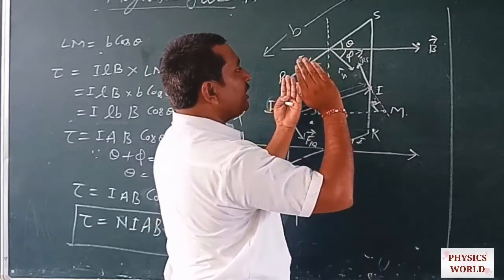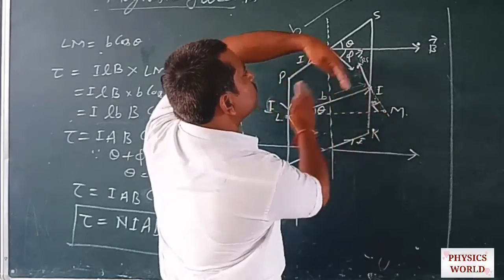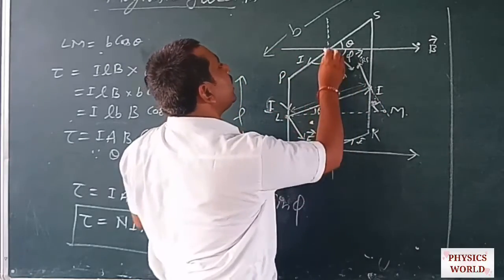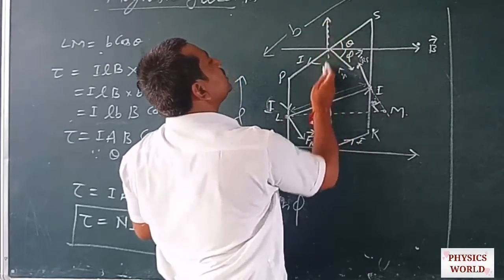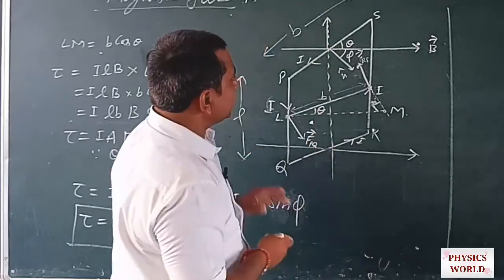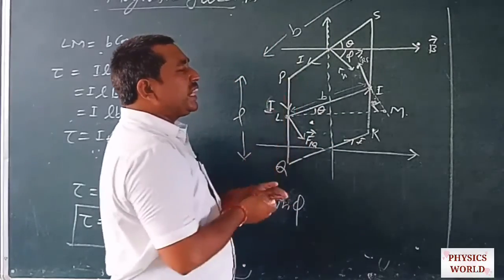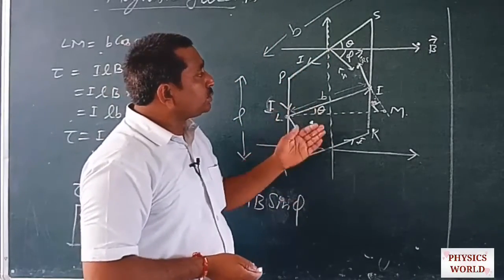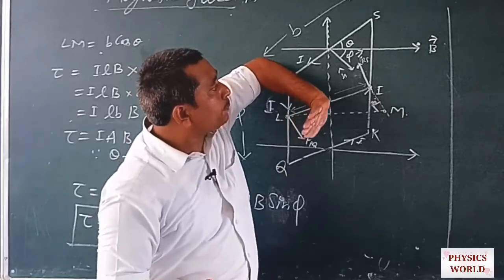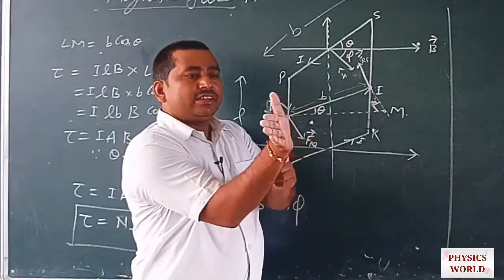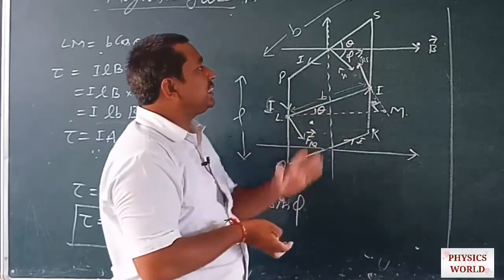Since the coil is rotating anti-clockwise, the torque experienced by this coil will act along the axis in upward direction. This is obtained when we take the cross product of A to B, with direction according to Maxwell's right hand thumb rule.